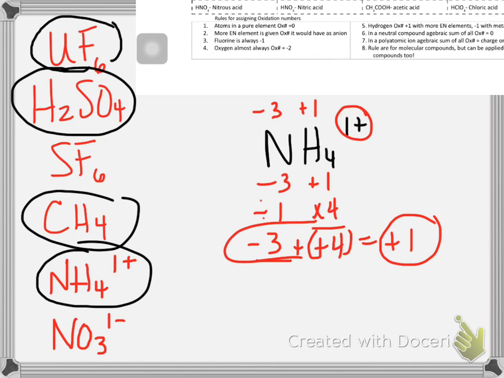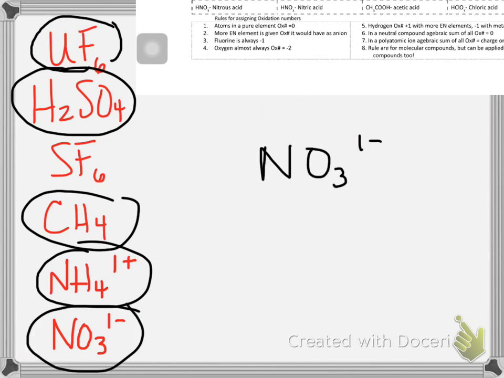Okay, let's do one more, and then you'll practice on your own before you take your FIP quiz. Again, we have a charged substance. We have the nitrate ion. You're starting to master that. And there's a rule about oxygen, so we'll go to that. Oxygen typically has a -2 charge, and times 3 gives us a total oxidation state of -6.